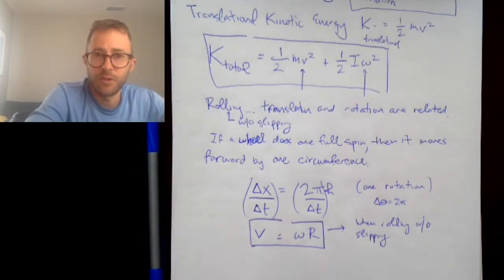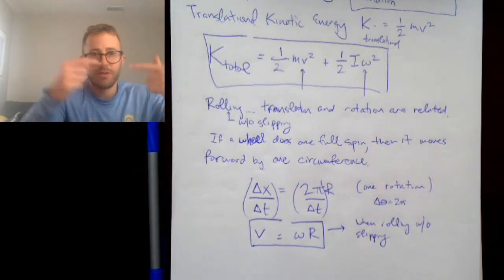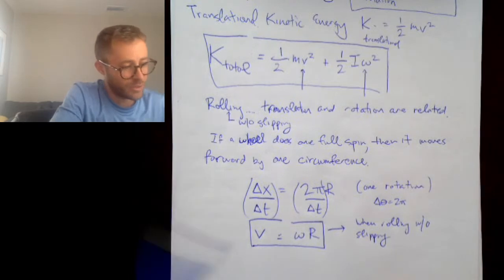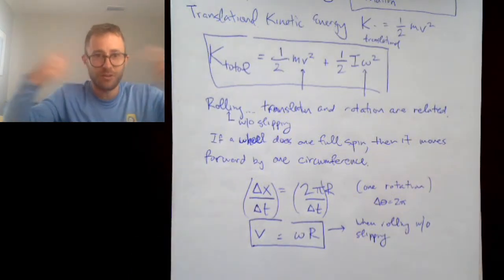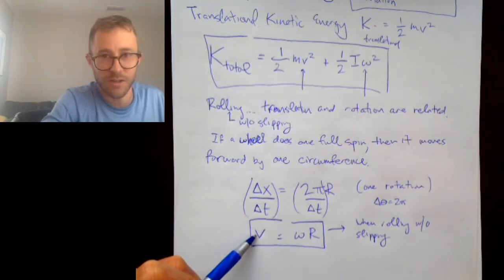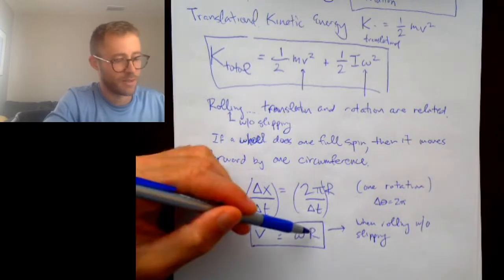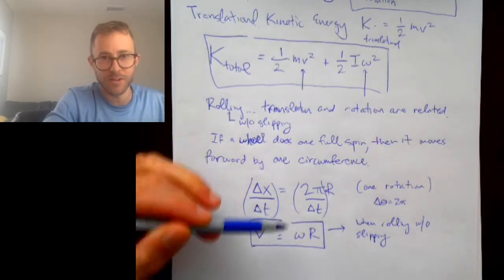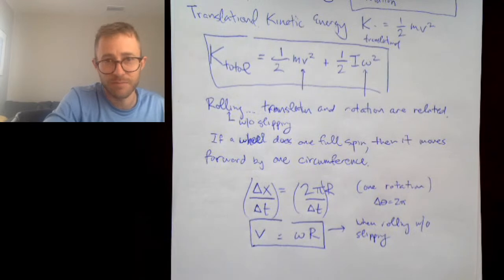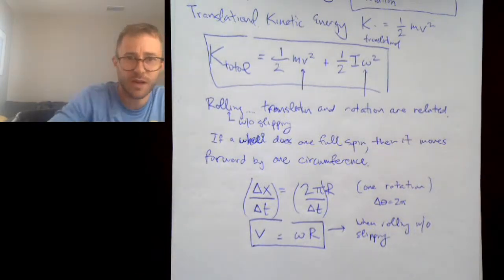Okay, if you think about peeling out, the rotation rate of the wheels is really large because the wheels are spinning, but the car is not translating hardly at all. Okay, so peeling out, you have the right side of this equation is greater than the left side. What if you are skidding to a stop?